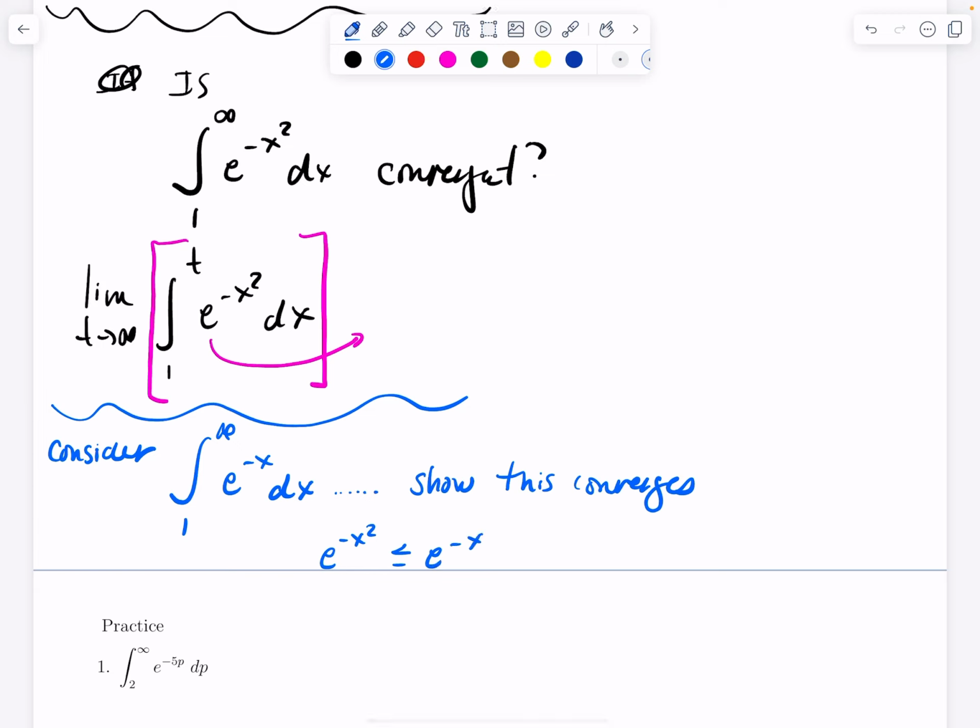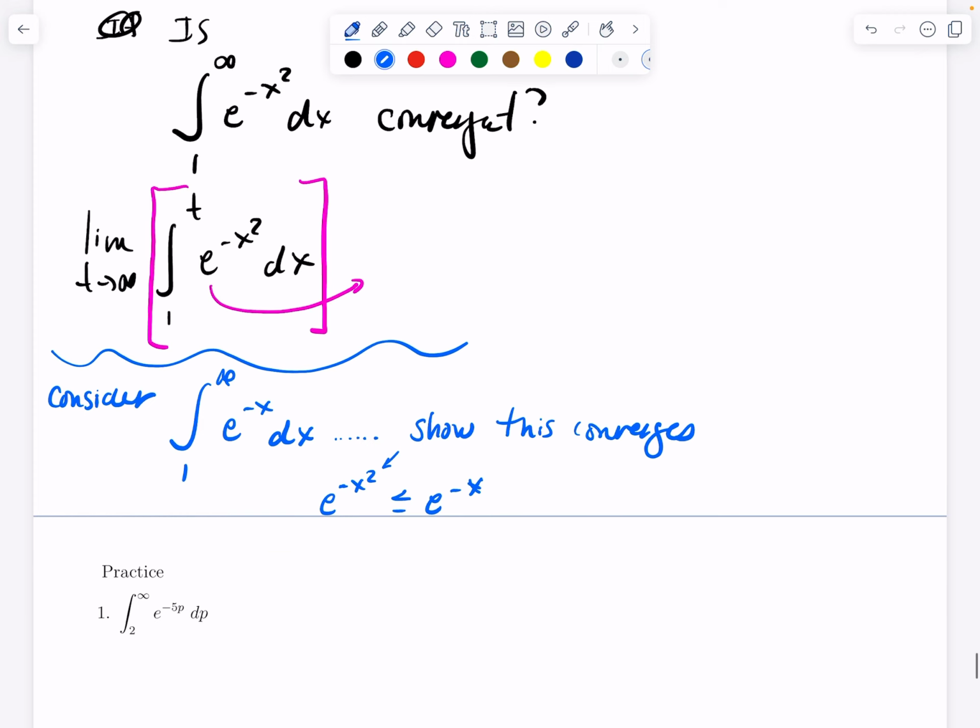Because this x squared will get bigger and bigger, and the negative of a bigger number is smaller than the negative of a smaller number. So, by the comparison test, this guy, the integral from 1 to infinity of e to the negative x squared dx, converges. That's it.